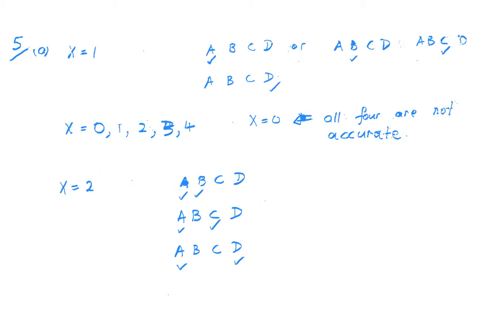If X equal to 3, got some more. It can be this and this. You see how I list it out? That's it. There are 1, 2, 3, 4, 5, 6 possible outcomes.